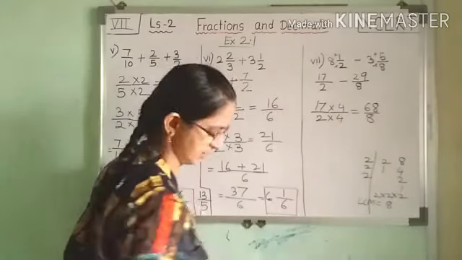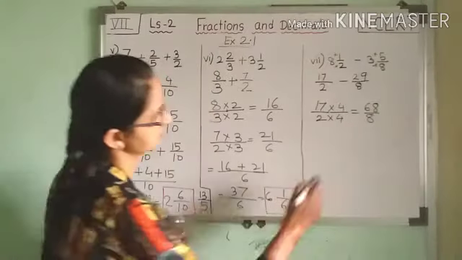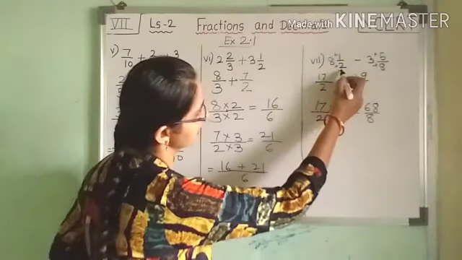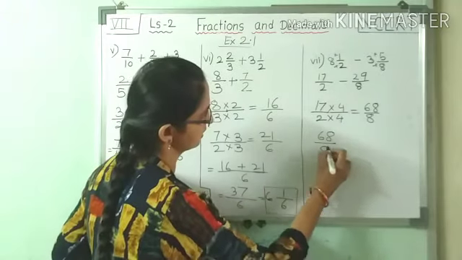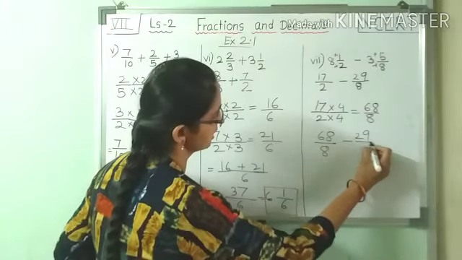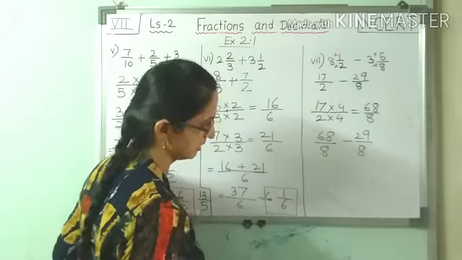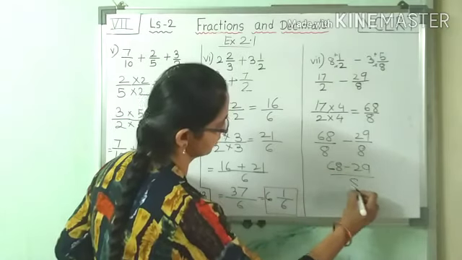Here 68, 17 4s are 68. Now in place of this fraction, write down 68 upon 8 minus 29 upon 8, means 68 minus 29 upon 8.